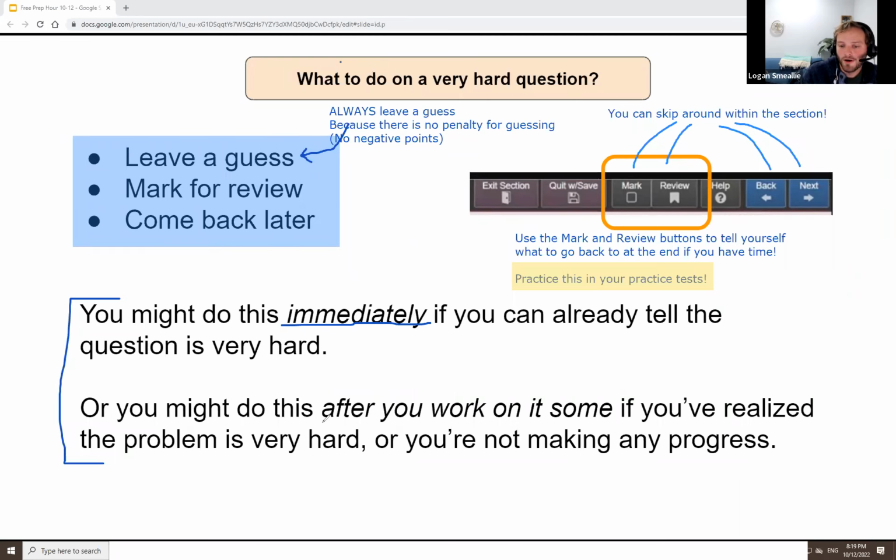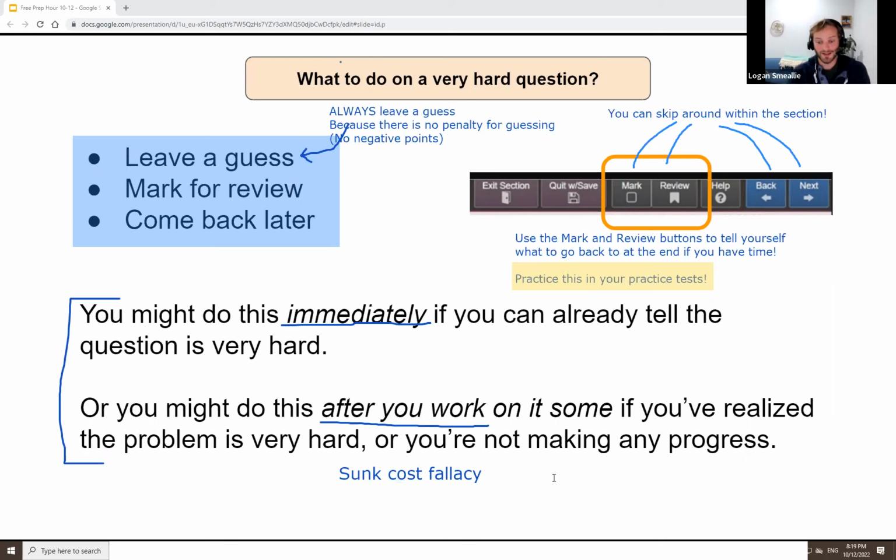However, the hard part is learning to do this, learning to get out of there after you've worked on it for a minute or two, because we all fall victim to sort of a sunk cost fallacy, which you likely have heard of at some point, right?